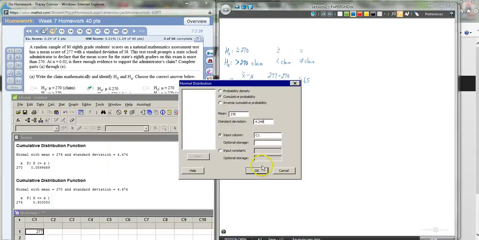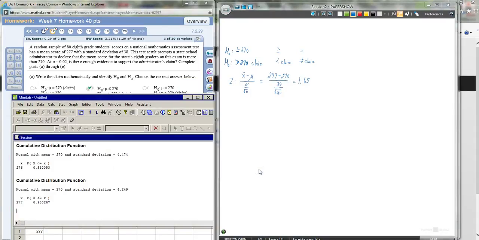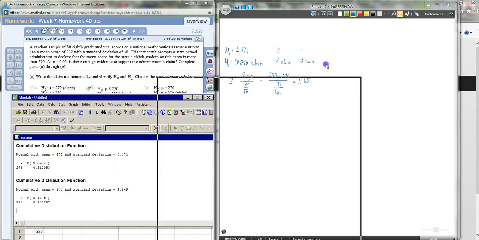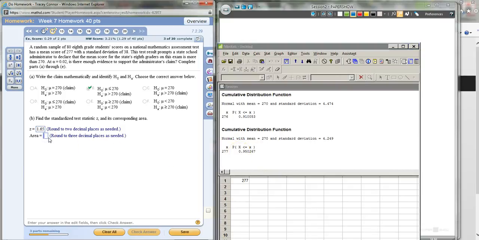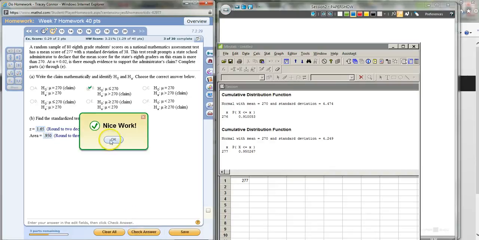And then if we hit OK, we're getting our probability here. And let's go ahead and try this. So 0.950, and we'll check our answer. And there we have it.